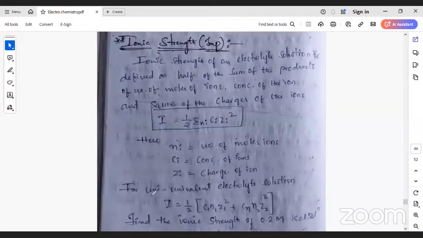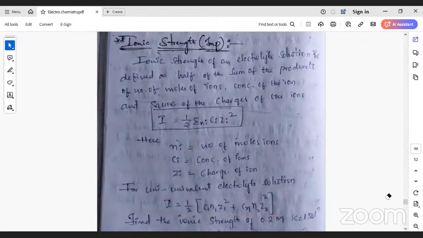So for a univalent electrolyte solution, with one positive ion and one negative ion, the ionic strength I equals 1 by 2 of C1N1 Z1 square plus C2N2 Z2 square, where one belongs to the cation and the other to the anion. For any electrolyte solution with two ions, we have to consider the two ions individually.